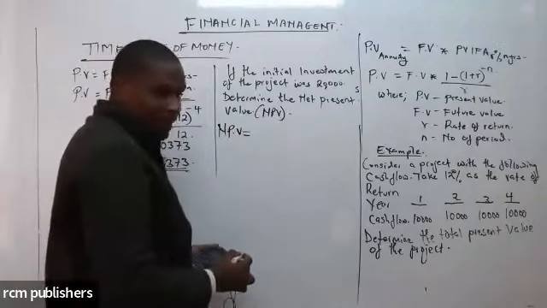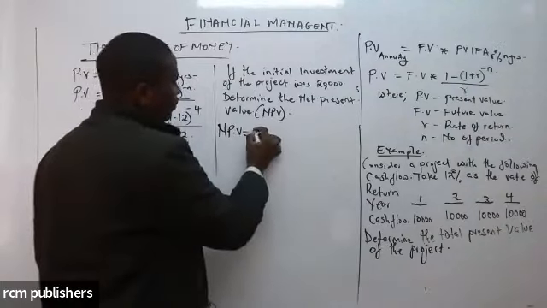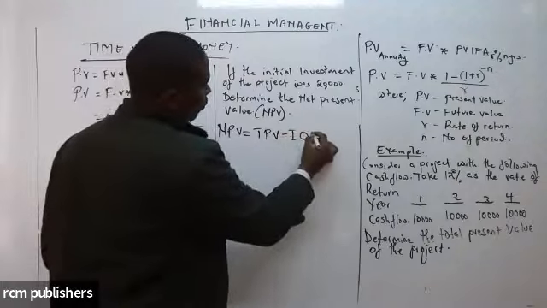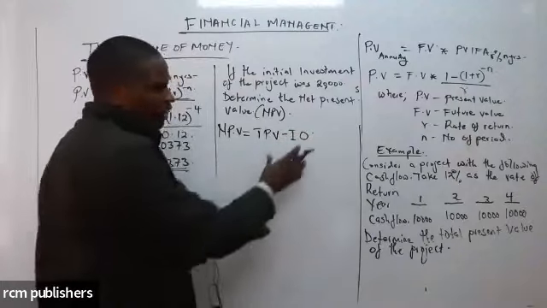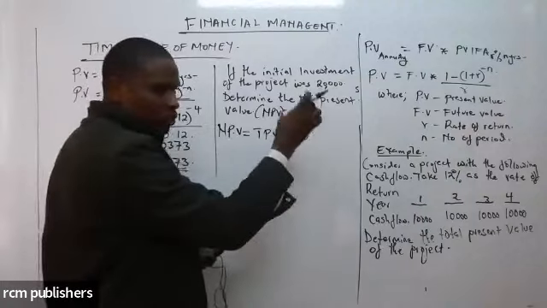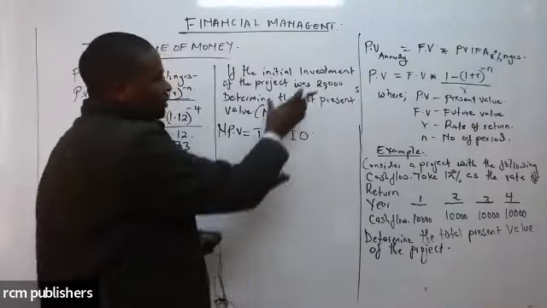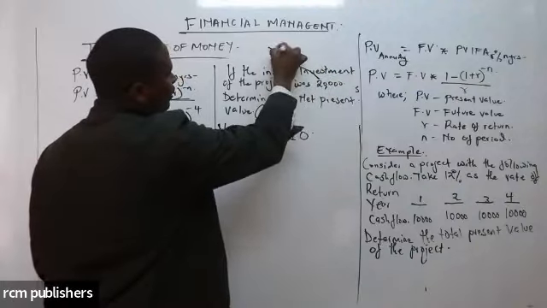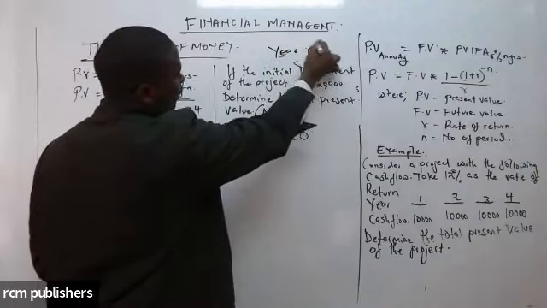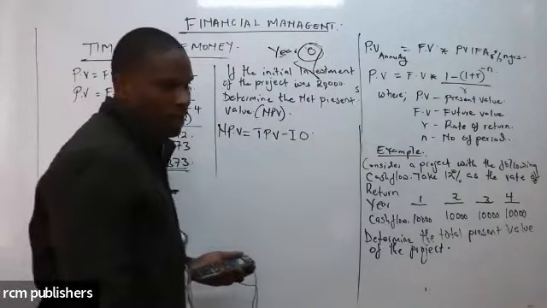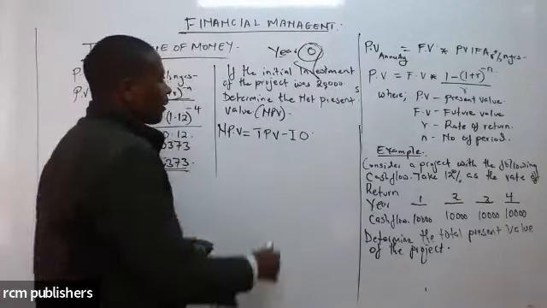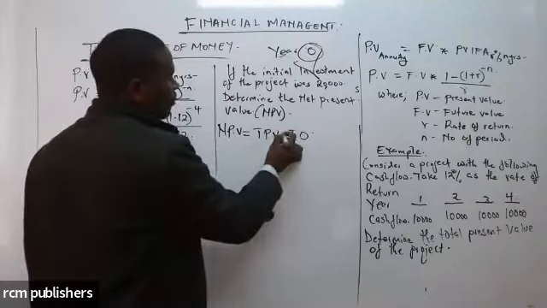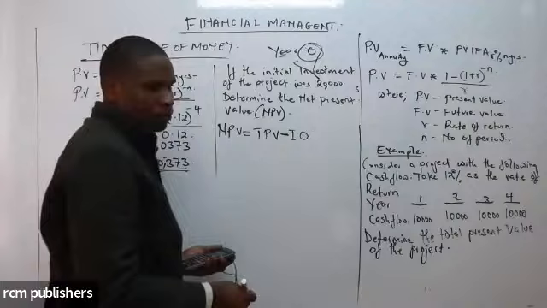How do we get the NPV? To get the net present value, we take the total present value minus the initial outlay. We can call it initial outlay or the initial investment. This investment happens at year zero, before you start the project. This cost will always be incurred.